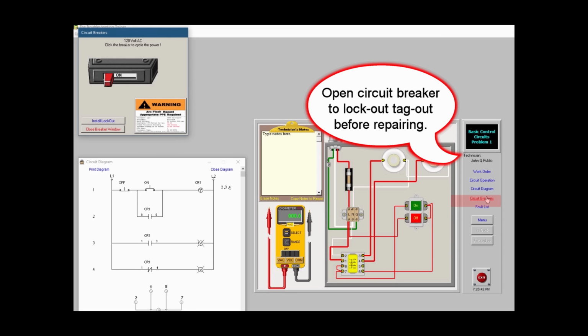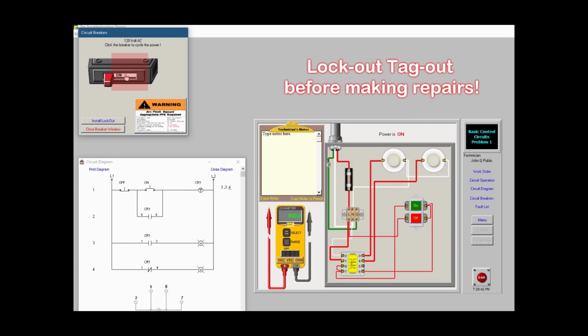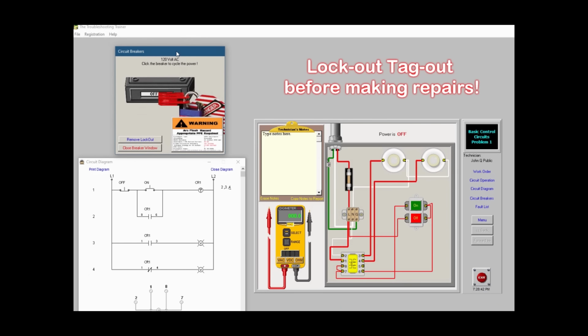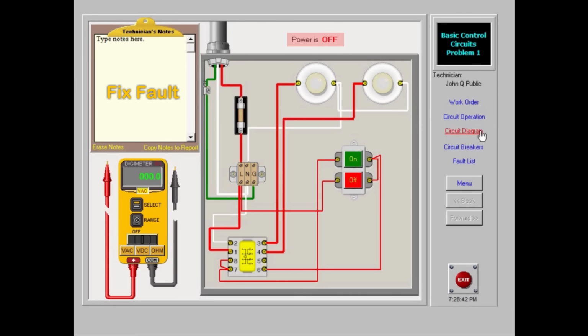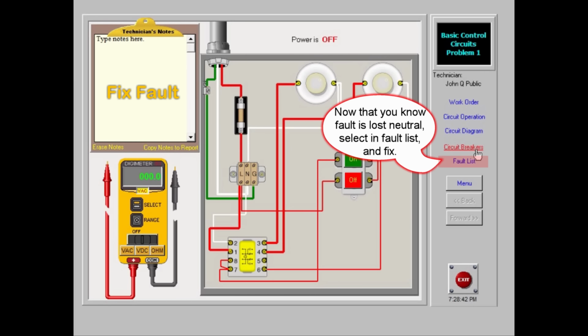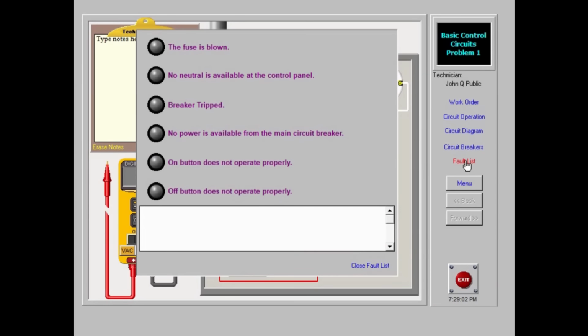The TS Trainer Simulator requires students to first lock out and tag out the power before fixing the fault. The student will then select from the list of faults the one they found to be causing the problem. Choosing the correct fault will automatically fix the simulated fault.